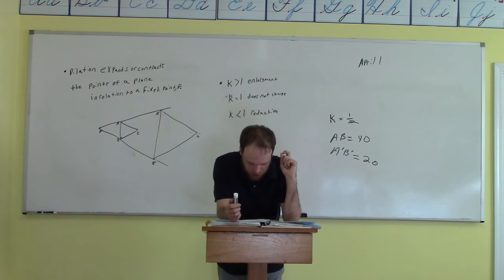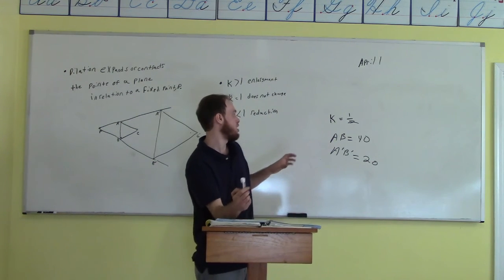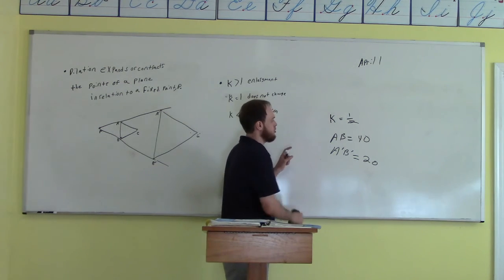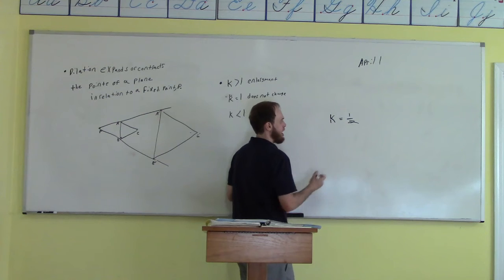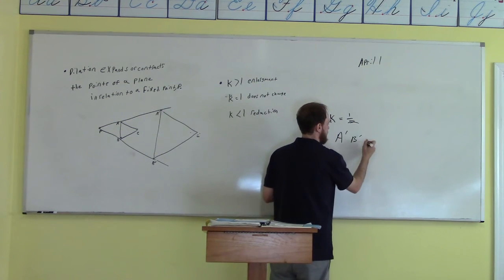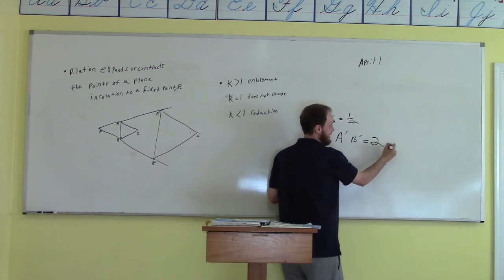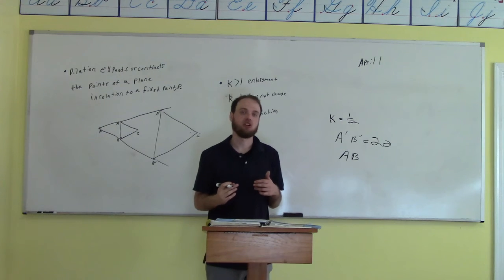Now, for number 3 through 8, you're just going to be getting basically what the new one would be. One thing to keep in mind is, we'll do one like this too, just real quick. If they give you A prime, B prime, say 20, and they want to know what AB is, then you have to keep in mind what you're actually doing.